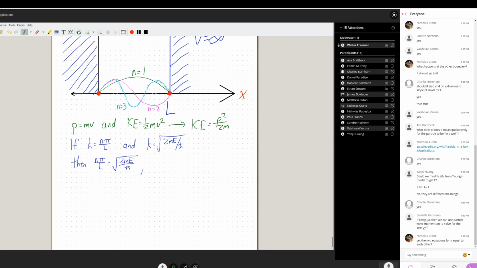Squaring both sides, because what we want to do is solve for the energy, gives me n squared pi squared over L squared equals 2mE over h bar squared.